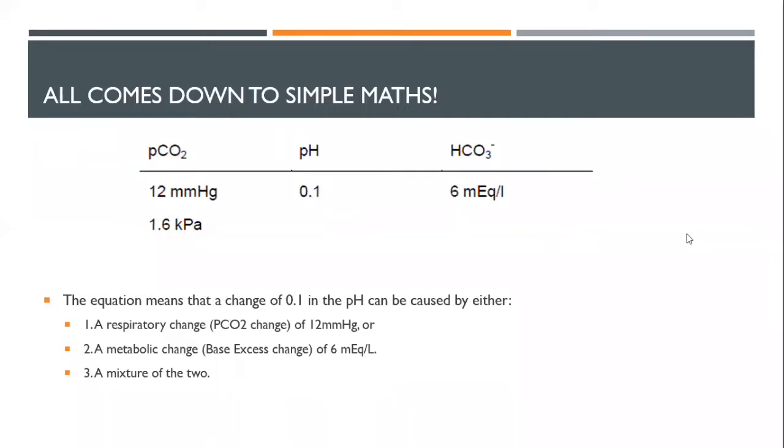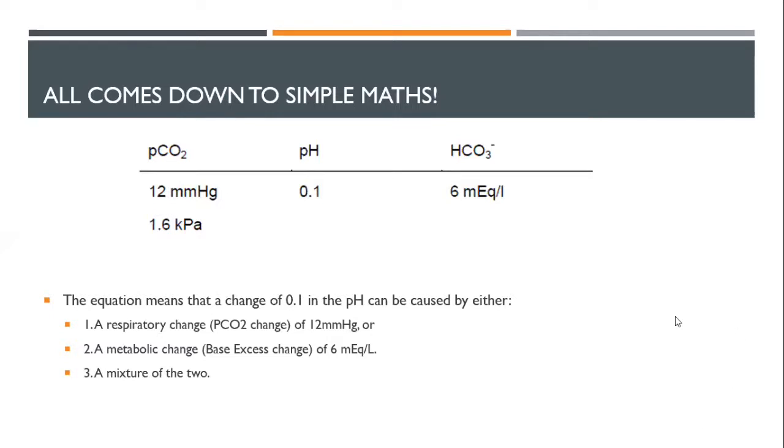So a 0.1 change is usually accounted for by a 6 milliequivalent change in your bicarb or base excess, so that's a metabolic change, or a change in the respiratory component, or a mixture of the two, as I said. So 12 millimeters of mercury or 6 milliequivalents of bicarbonate will change your pH value by 0.1.